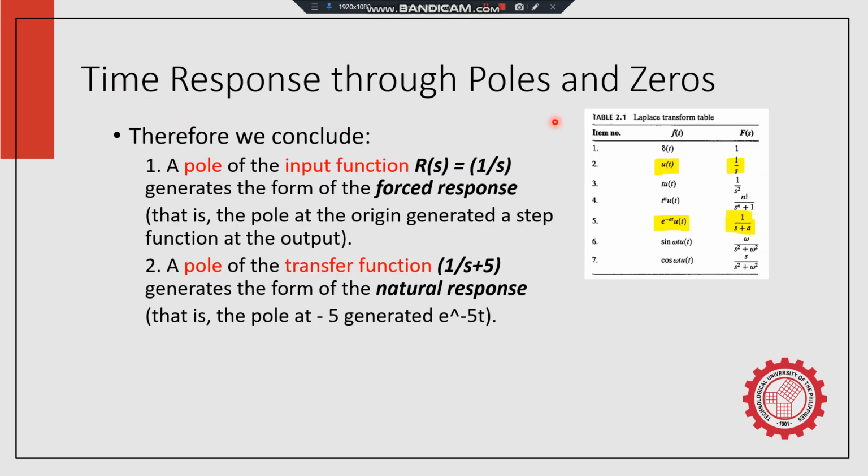So time response through poles and zeros, therefore we conclude that a pole of the input function R(s), which is 1 over s, generates the form of the forced response. That is, the pole at the origin generates a step function at the input. A pole of the transfer function 1 over (s plus 5) generates the form of the natural response.